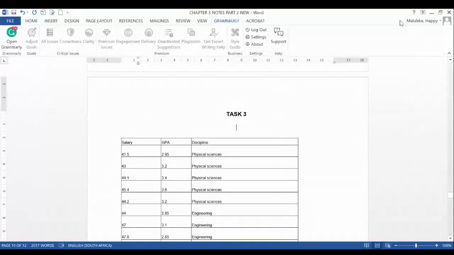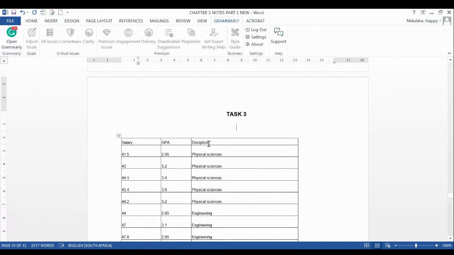Here you want to predict the starting salary based on the GPA and the stream, or what I can call it, the degree that the person was doing. The person who was doing a physical science degree, someone was doing engineering, another person was doing accounting.